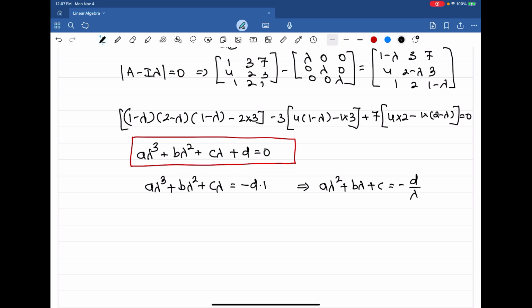We can even write like that, or else A lambda square plus B lambda plus C is equal to minus D into lambda to the power of minus 1. If you replace lambda with A, what happens? A into A square plus B into A plus C into I is equal to minus D into inverse of A.